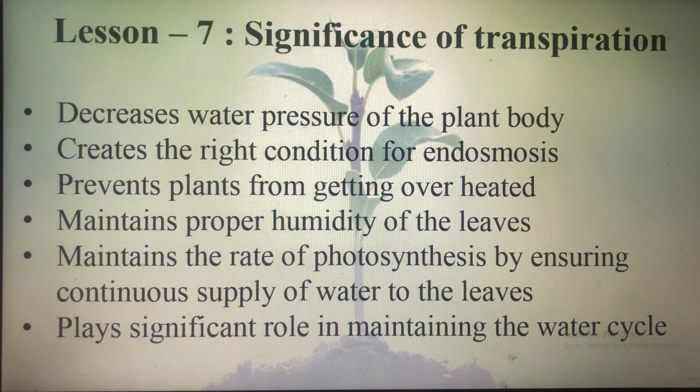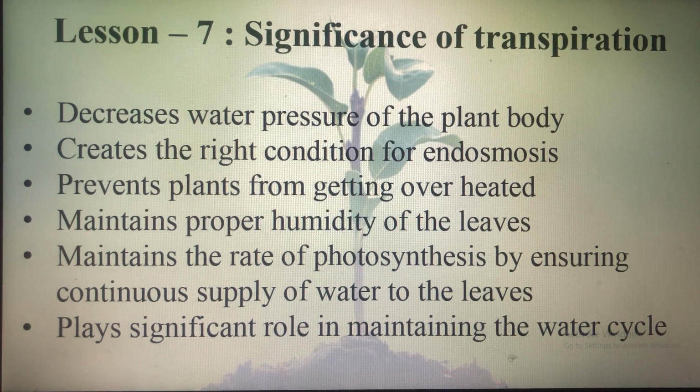Next, transpiration creates the right condition for endosmosis. Due to transpiration, water comes out from the plant, and therefore there is a deficiency of water, and the concentration of the cell sap increases, which facilitates the endosmosis or cell to cell osmosis, and thus water reaches up to the leaf.